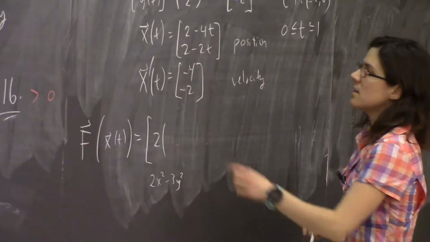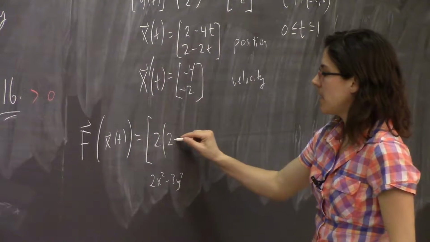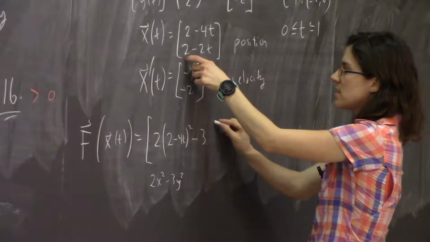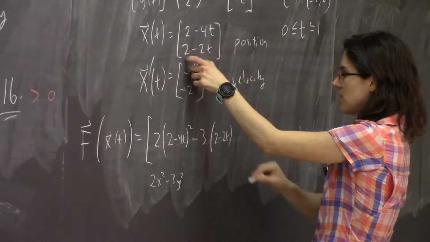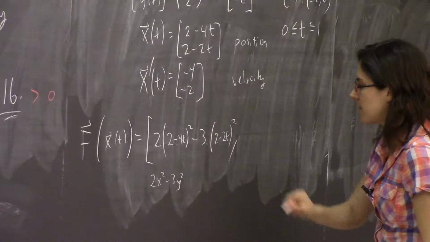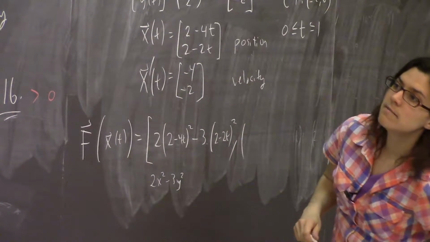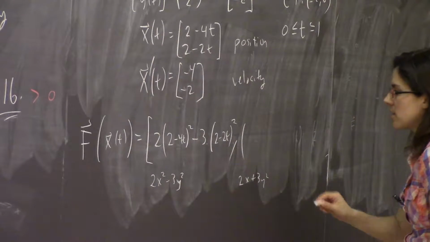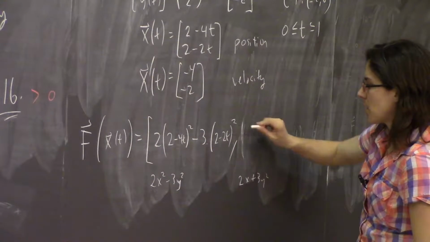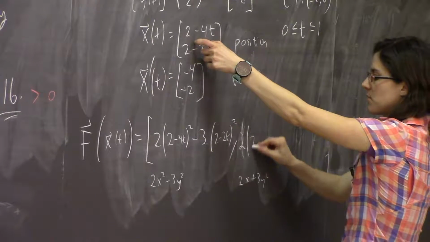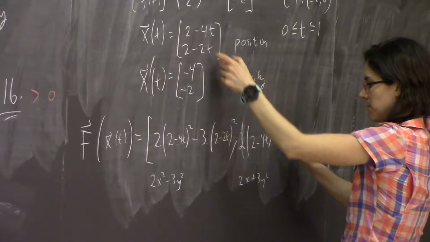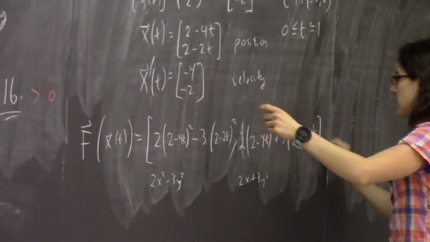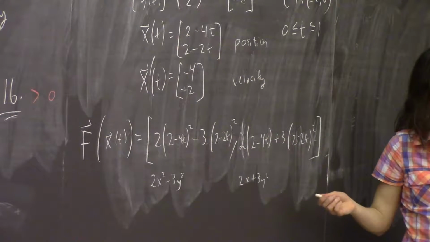So it's 2 times (2 minus 4t) squared minus 3 times (2 minus 2t) squared, comma, 2 times (2 minus 4t) plus 3 times (2 minus 2t) squared. Okay, what a mess of a vector field.